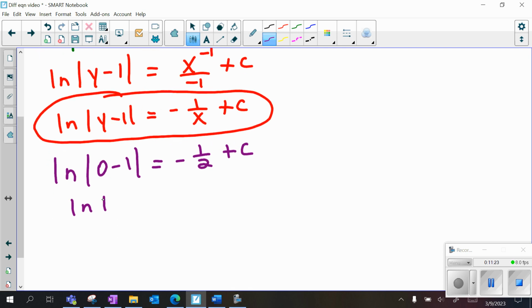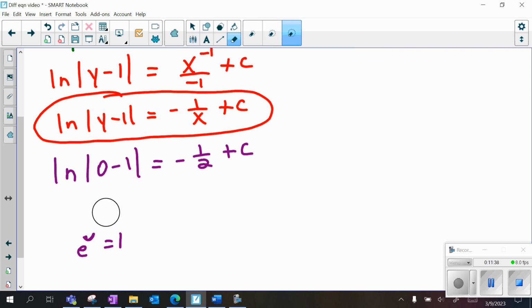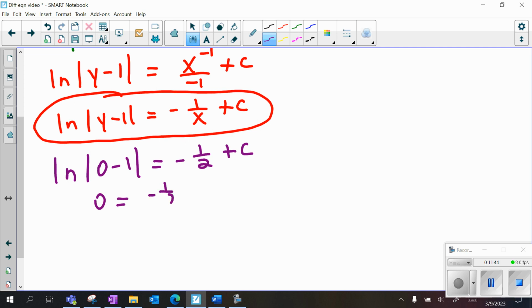How do we know that? If ln of 1 equals 0, remember my base is e, to what value gives me 1? Well, anything to the 0 power gives me 1. So we know that this left-hand side just equals 0. Therefore, 1/2 equals c.